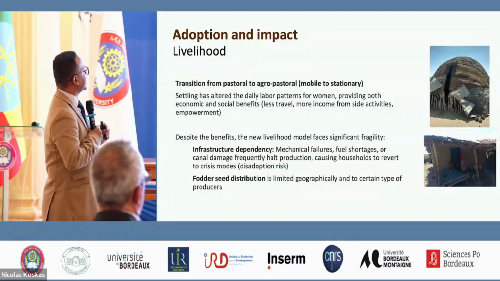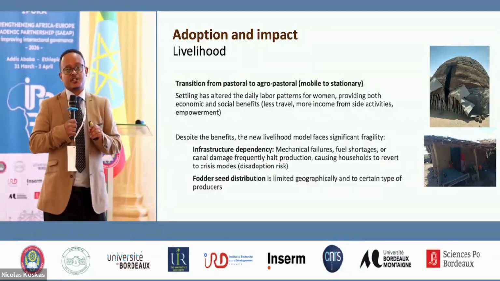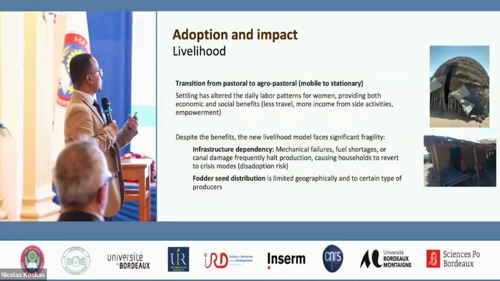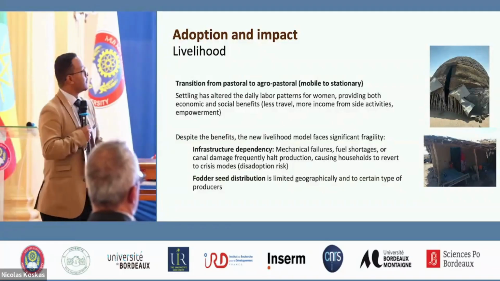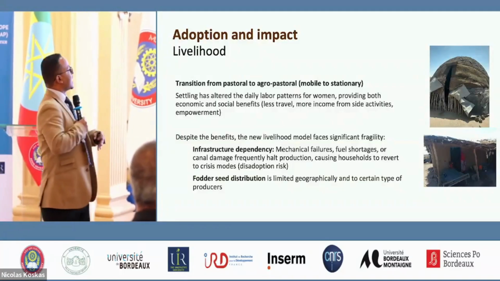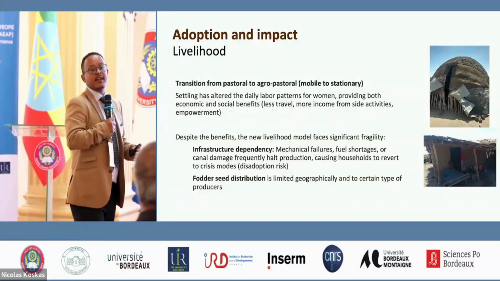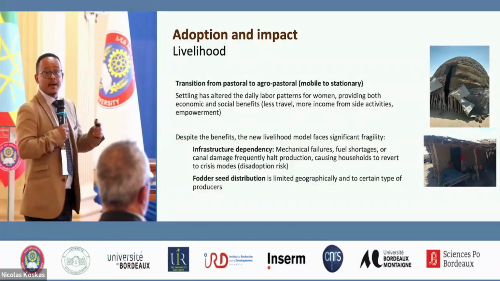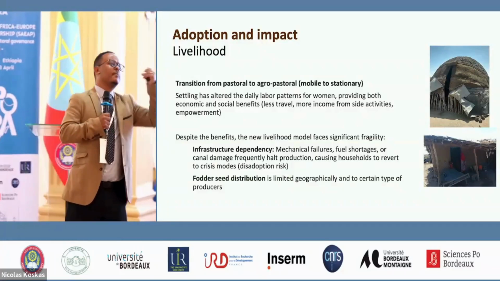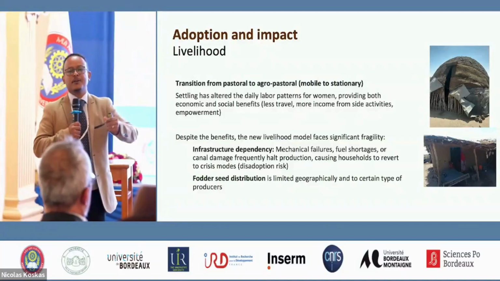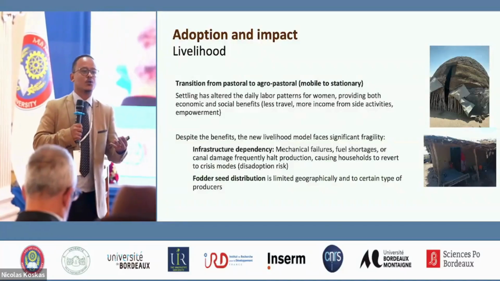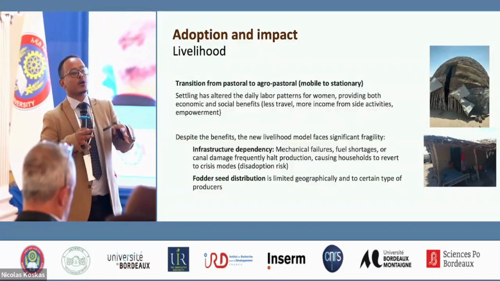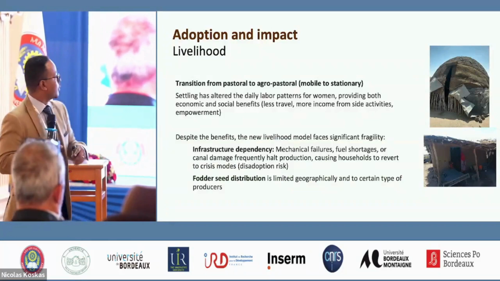That fragility comes from infrastructure dependency, where mechanical failures, fuel shortages for the irrigation pump, or canal damage can frequently halt production, causing some households to revert back to the old ways of living. So disadoption is also seen when all the requirements do not work anymore, when they're not there anymore.